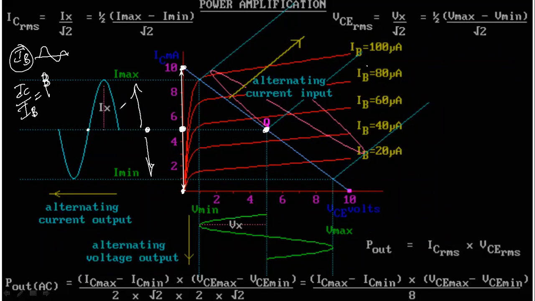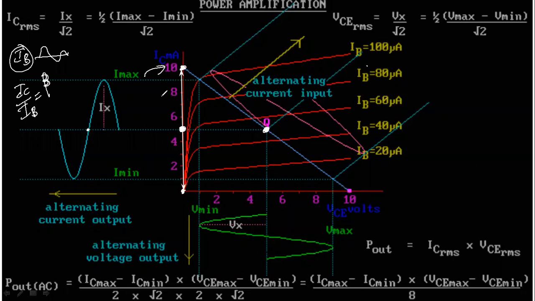Once you fluctuate, assume the peak value from this point to here is IX. You have an I max value here.